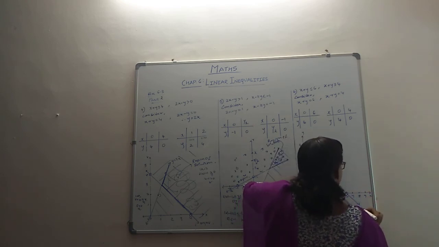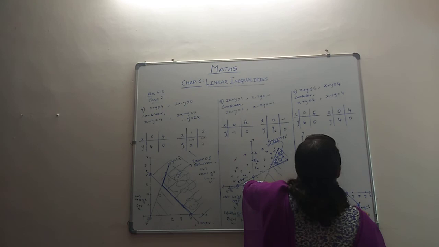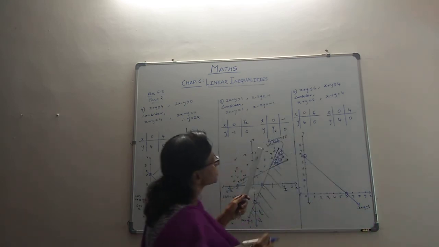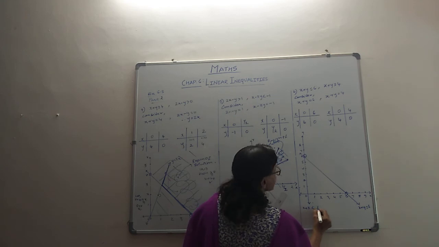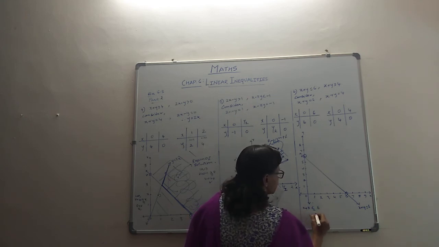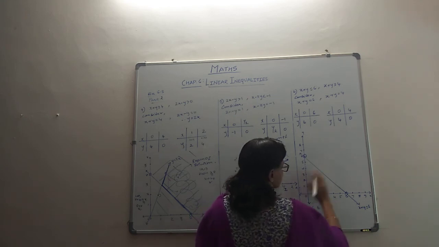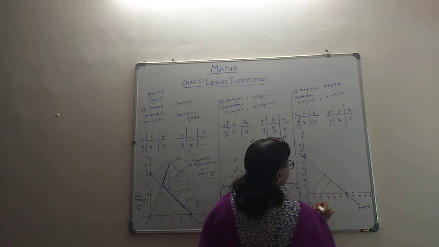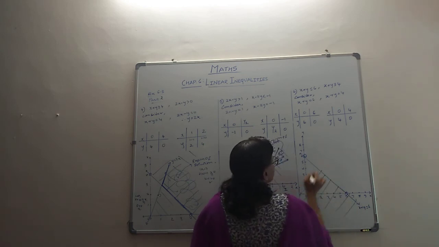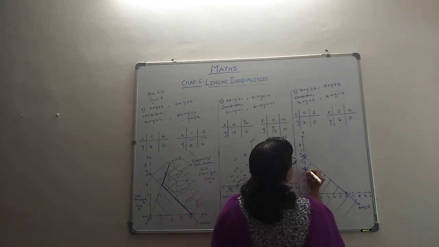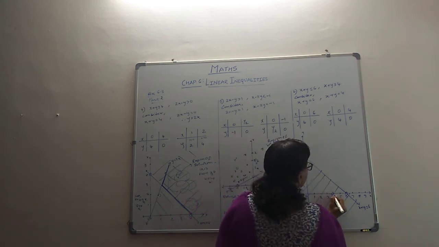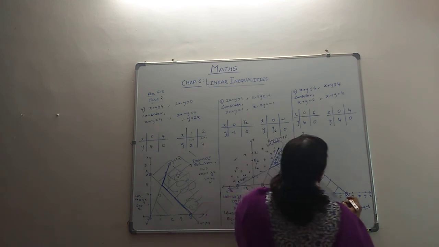This is the line x plus y equal to 6. Now you have to decide the region. X plus y less than 6. So if you put origin, 0 plus 0 is less than 6. Yes, it is true. So this part is a solution area, a region of solution. Next we are taking 0 comma 4 for the next line and 4 comma 0 for the other line, and there we are plotting it.